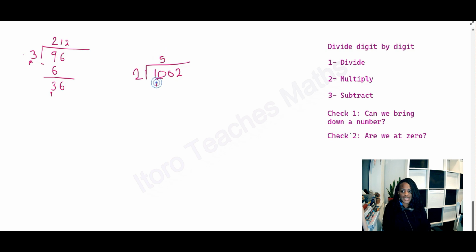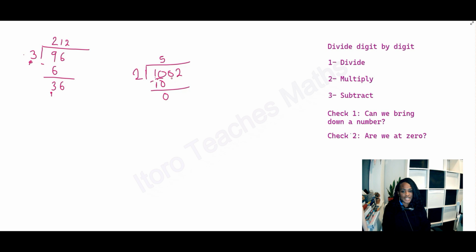5 times 2 is 10. We write 10 down here. We do our subtraction. 10 minus 10 is 0. Now, this is where sometimes people can get a bit confused because you think, oh, 0, we're at the end. But remember, we must do the check 1. And check 1 is, can we bring down a number?